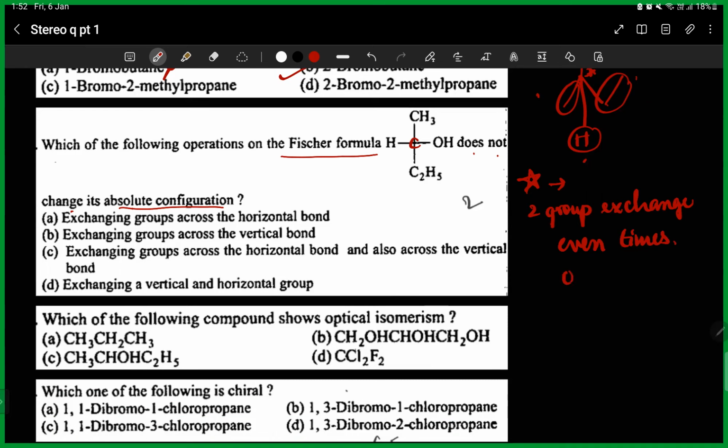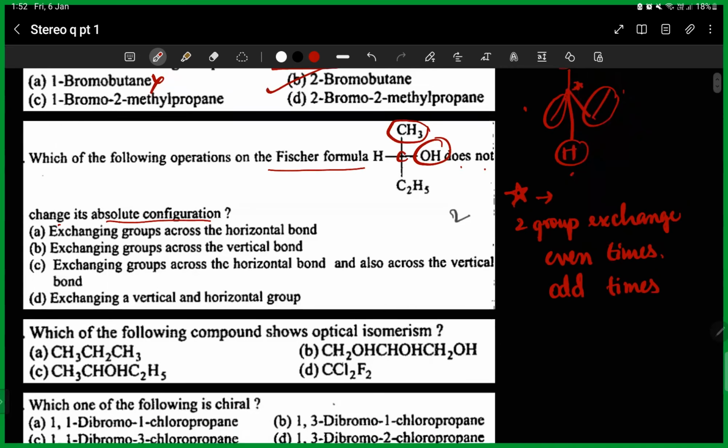When you do it an odd number of times, like one time two group exchange, like these two groups I am exchanging, you have to write the reverse configuration for the correct answer. So for absolute configuration, two group exchange an even number of times will not change the configuration.